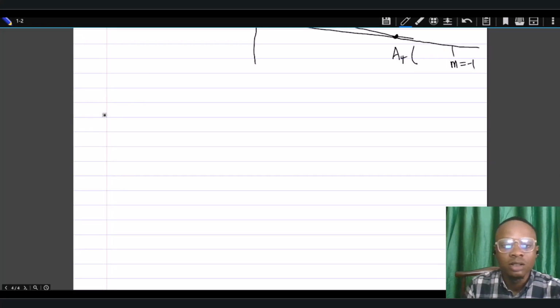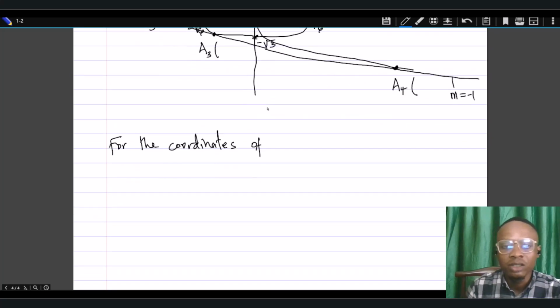So for the coordinates of those points now, a2 and a3, what do we have?